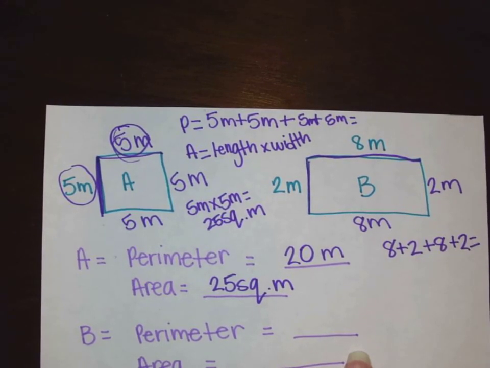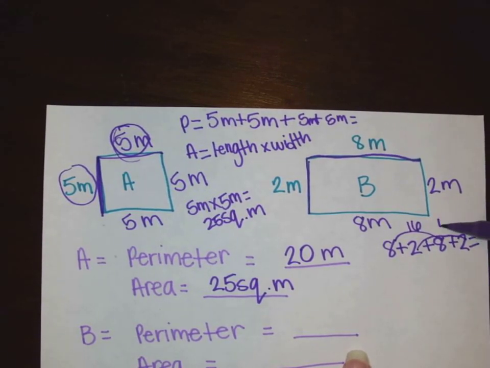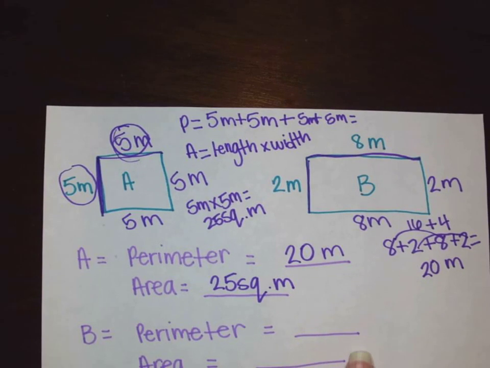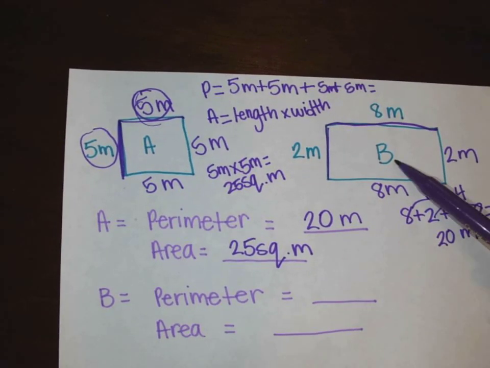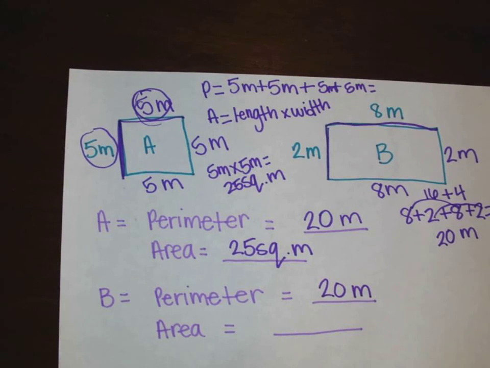Remember, we are talking about meters. All right, well, I know 8 plus 8 is 16, and 2 plus 2 is 4, and 16 plus 4 is 20. 20 meters for perimeter. Okay, so for rectangle B, the perimeter is 20 meters. Now, let's solve for area.